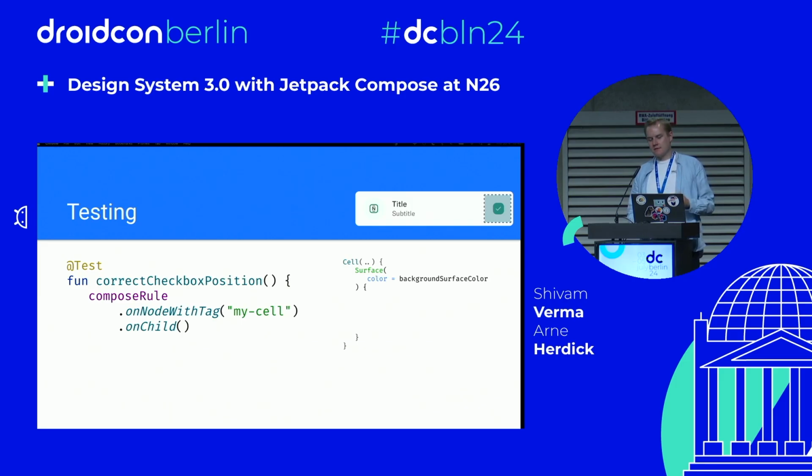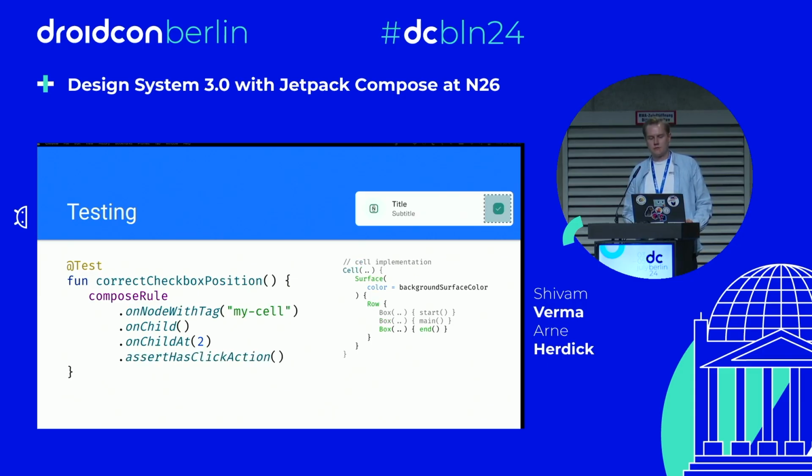And then it starts to get really critical, because as you can probably tell, this is really implementation dependent. So now I have to step into the surface, then I have to step to the right child, and then I can assert that it's a checkbox. So now, yeah, we've basically written a test for the implementation.